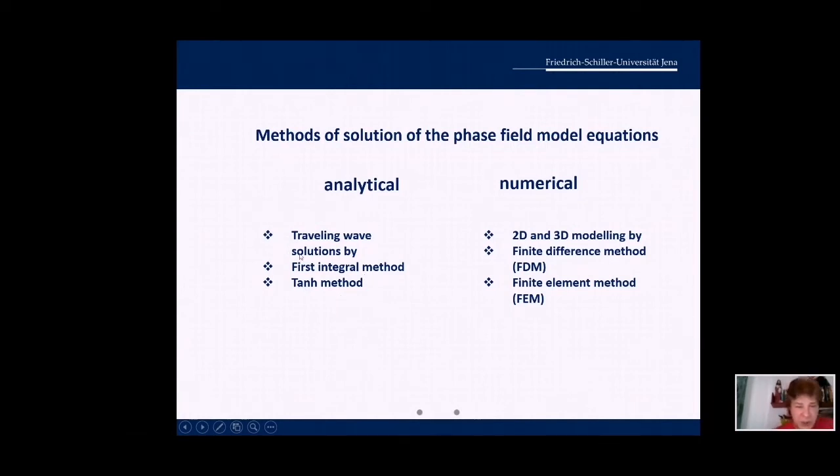This type of solution can be considered to obtain the main characteristic features of this equation and to be a benchmark for 2 or 3 dimensional numerical solutions. In 2 and 3 dimensional modeling, we can get solutions in space and time by numerical methods, for instance, the finite difference method or the finite element method.